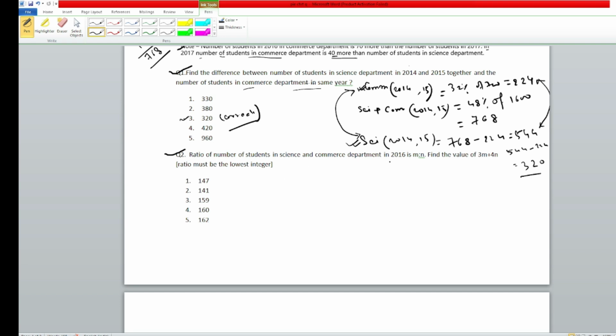So first find science plus commerce in 2016, then find only commerce in 2016. If we evaluate the difference between them, we will get only science.